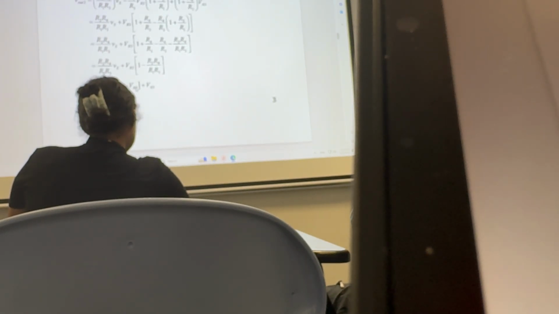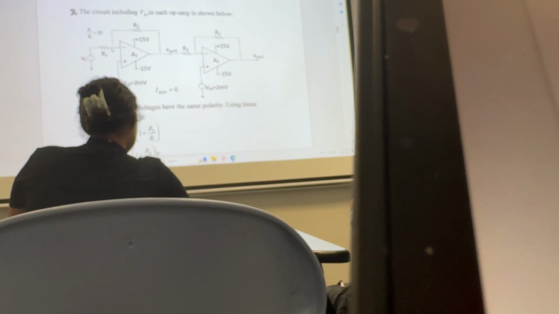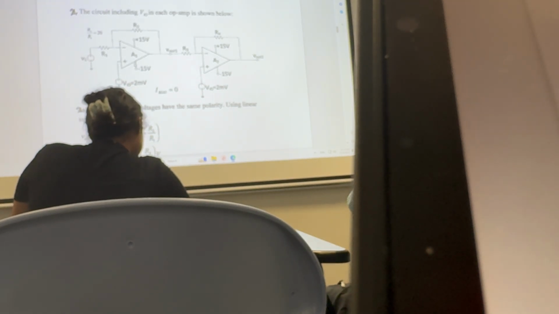So this is an invert, and this one, if you ground this, is a non-invert: 1 plus R2 over R1. 1 plus something, non-invert. So non-invert, you go to another stage. This is an invert.